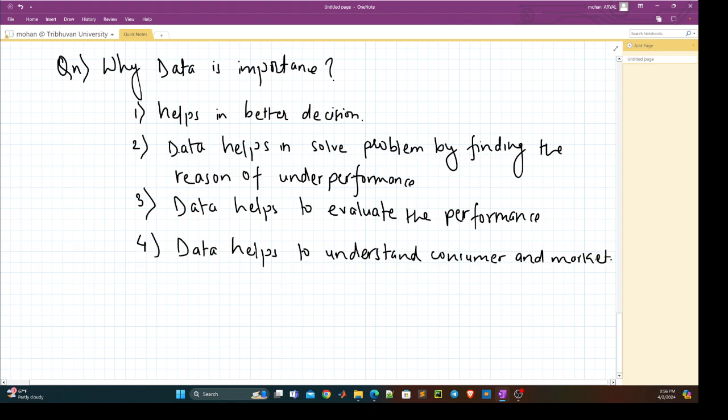Who is your target audience, and what age group is your product mainly based on? All these things are captured by the data, and if you can analyze it perfectly, then you can take the benefits of the data analysis.